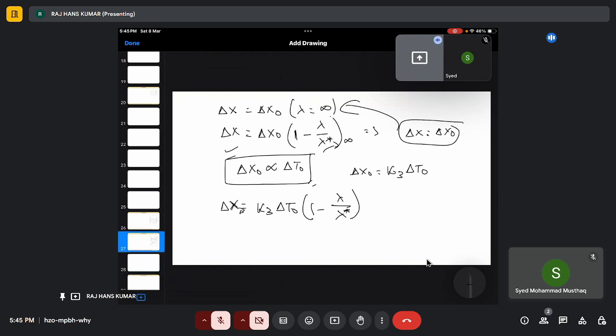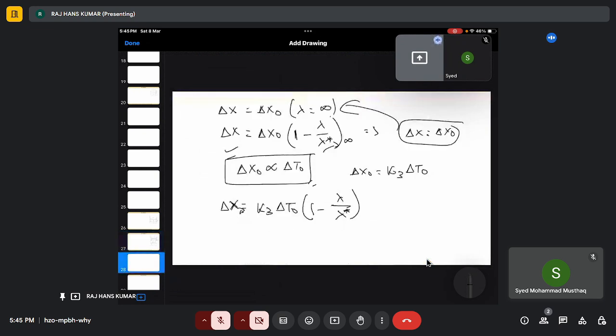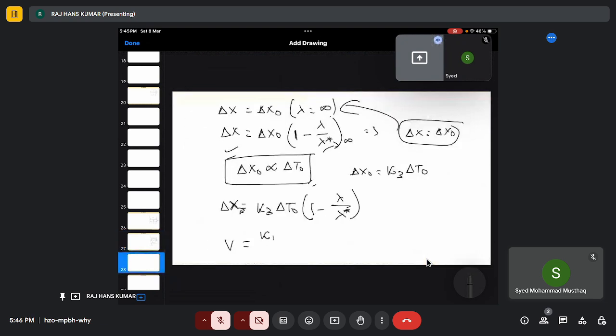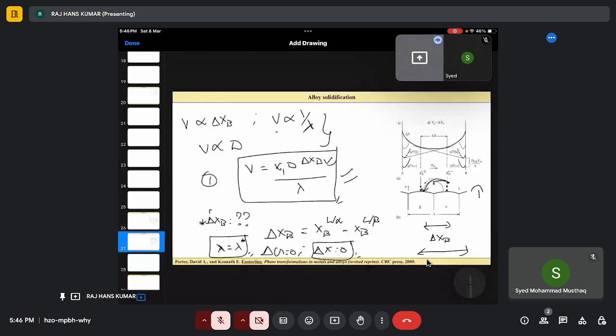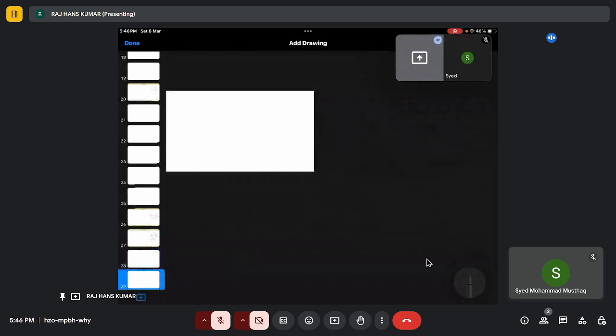And if I substitute this xv term in here, the velocity will be equals to K1 D, what is the delta xv? K3 delta T naught 1 minus lambda star by lambda, upon lambda. Right? Let me add one more slide. We write this equation.